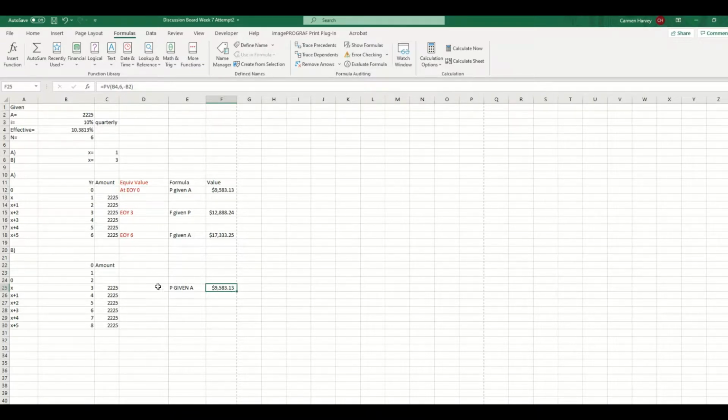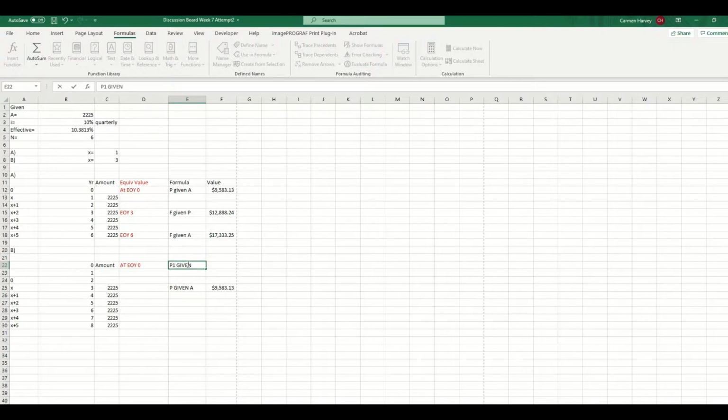So what we want to do now is, since we've got this value, the real place we're looking for is at end of year 0. So that formula is going to be a little bit different. Once we found this P given A, this is going to be more like P1 or something, just to give it something different.